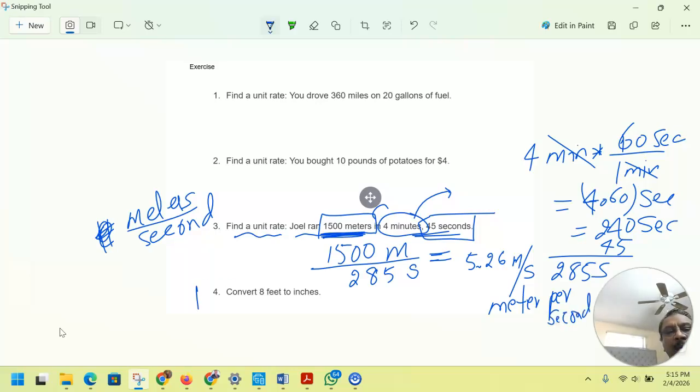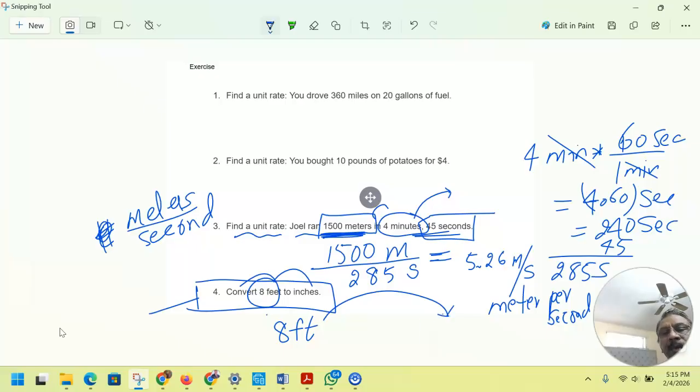The next one, now these are not unit rates. You have to convert from 8 feet to inches. So we start with 8 feet, and we want to get this into inches, so the answer should be in inches. You multiply by 1 foot is 12 inches.